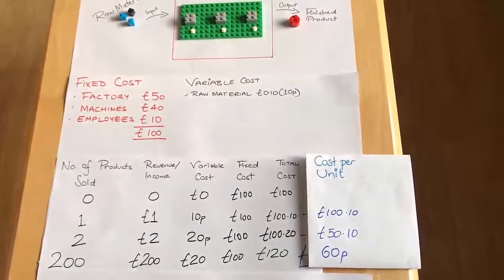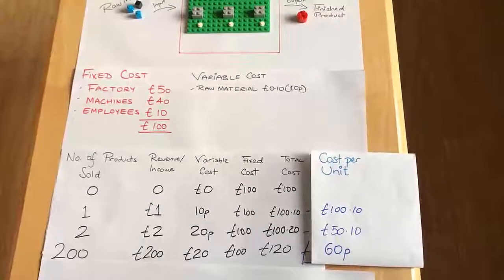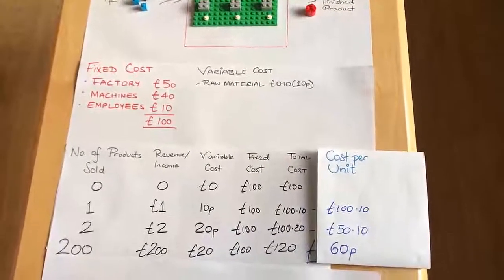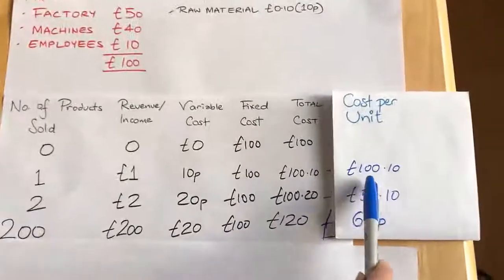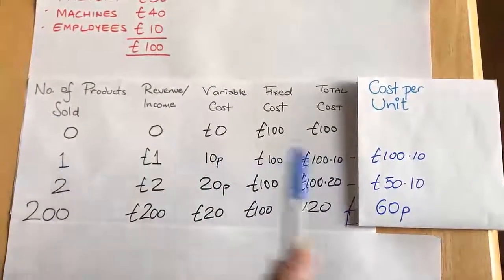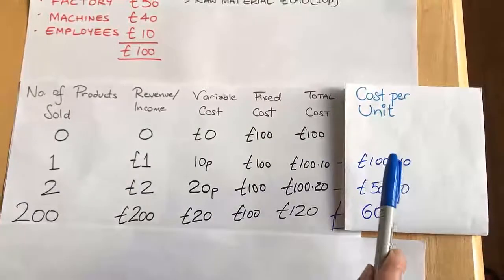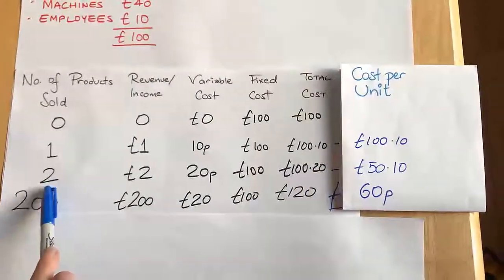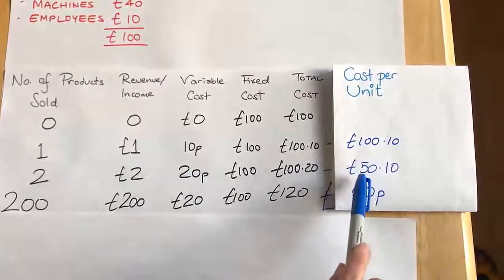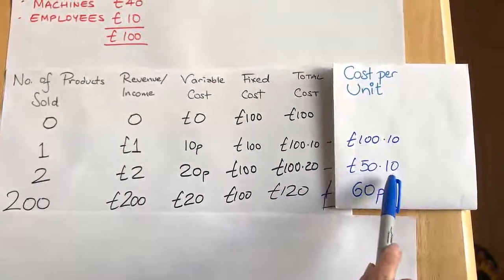Let me show you what's happening to the cost, give you a fine breakdown. So let's work out cost per unit. That's very important. So when we made 1 unit, the cost for making just that 1 unit was £100 and 10 pence. When we made 2 units, the cost per unit has halved, is £50 and 10 pence.